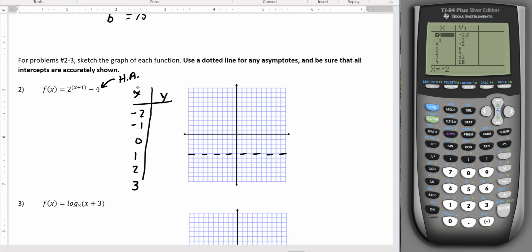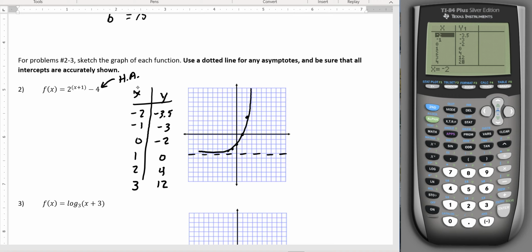So then I can just go ahead and plot these points. -2, -3.5 would put me right about there. -1, -3 would put me right about there. 0, -2, 1, 0, 2, 4. There we go. And now I can connect my dots like so.